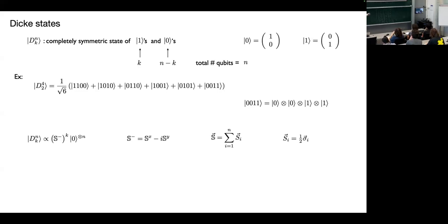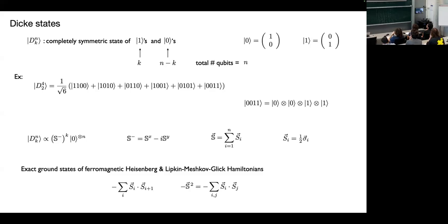For spin one-half, each of these spin operators is just 1/2 the Pauli matrices, where sigma x is X and sigma y is Y. So up to normalization, this gives you the Dicke state with k ones.